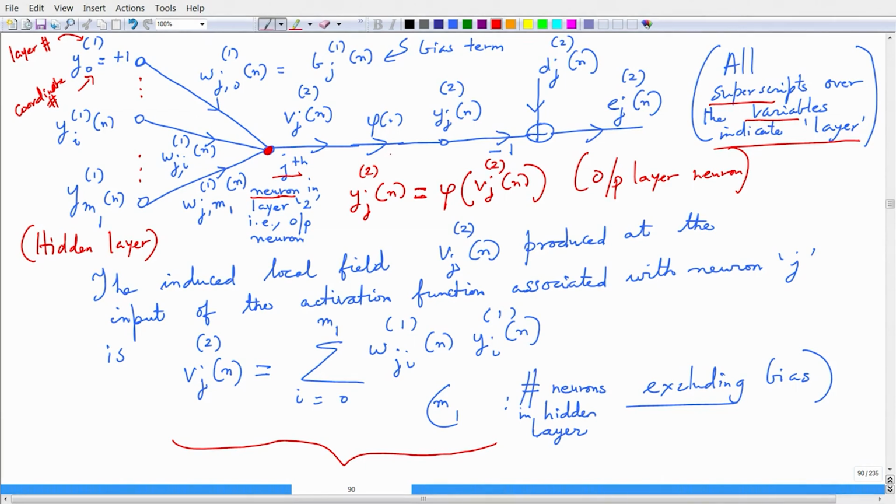This goes through a nonlinear function which is phi, and we get y suffix j of n corresponding to the layer number 2.